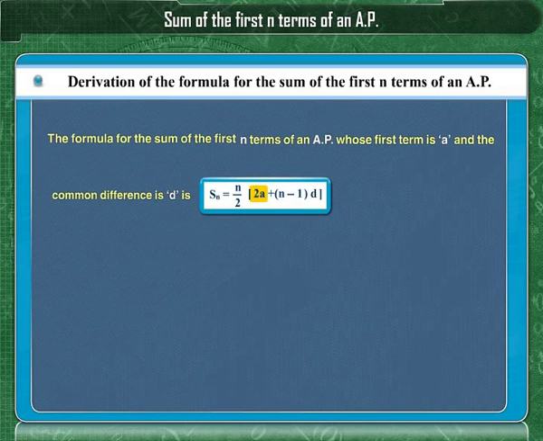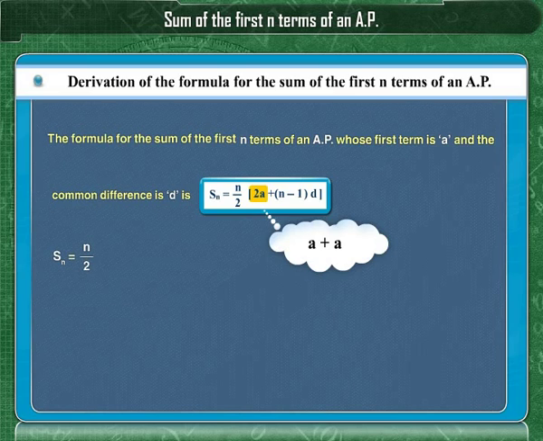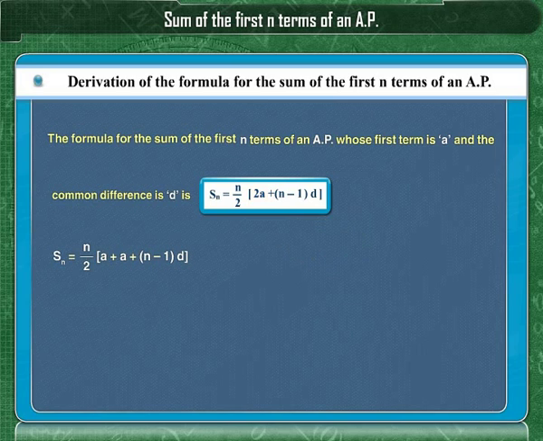By splitting 2a as a plus a, the above equation becomes Sn is n upon 2 into a plus n minus 1 into d. Since the first term t1 is a and the nth term tn is a plus n minus 1 into d, we get Sn is n upon 2 into t1 plus tn.